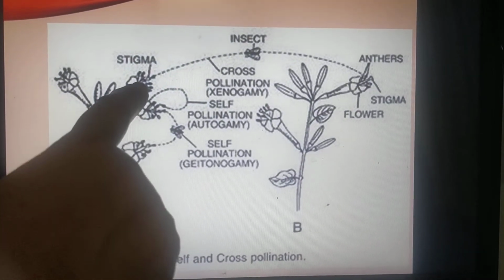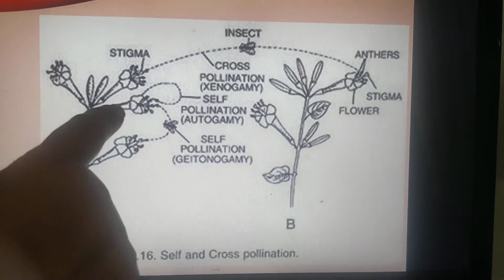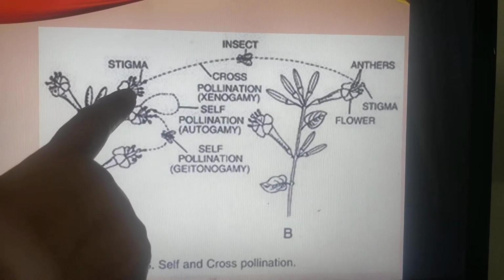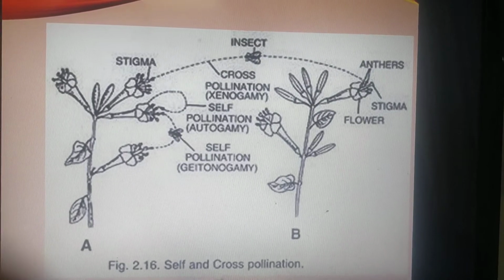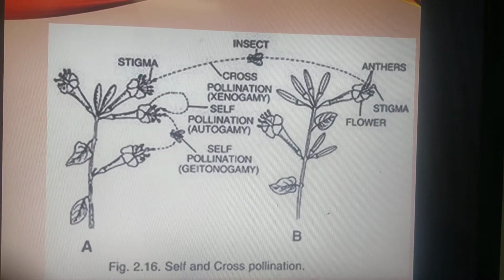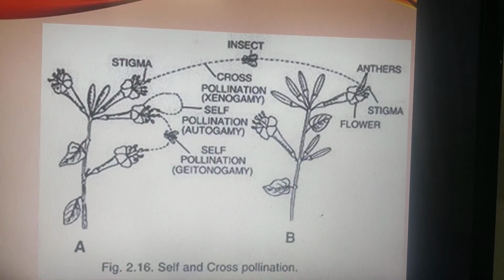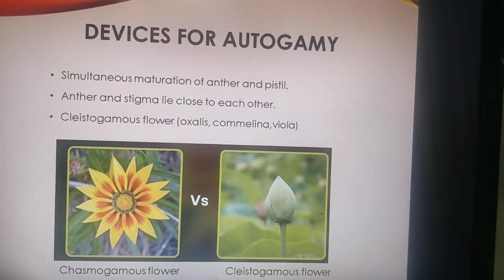And the third one is cross-pollination. Here the pollen grains are transferred from a flower of one plant to a flower of another plant. This can be by different agents. Here it is shown by insects. So they are the self and cross pollination.